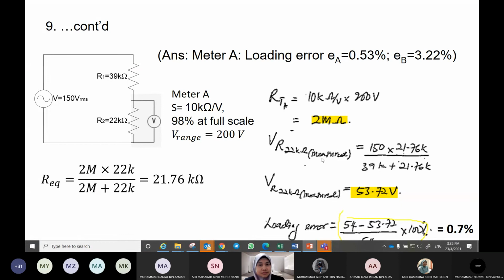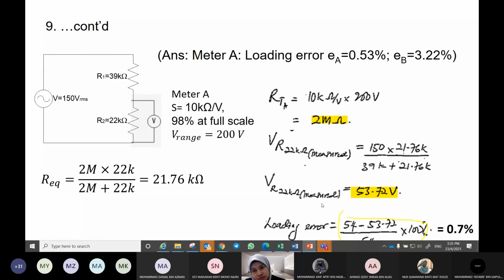Now we want to find VR2 by using the new R equivalent: 21.76K divided by 21.76K plus 39K multiplied by the voltage source 150 volts RMS.